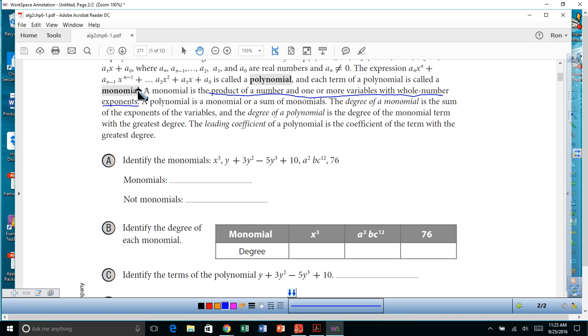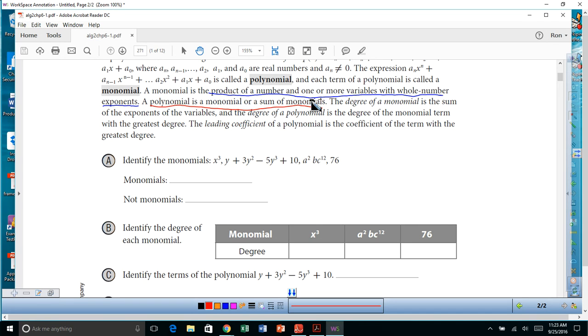A polynomial is a monomial or a sum of monomials. The degree of a monomial is the sum of the exponents of the variables, and the degree of a polynomial is the degree of the monomial term with the greatest degree. The leading coefficient of a polynomial is the coefficient of the term with the greatest degree.